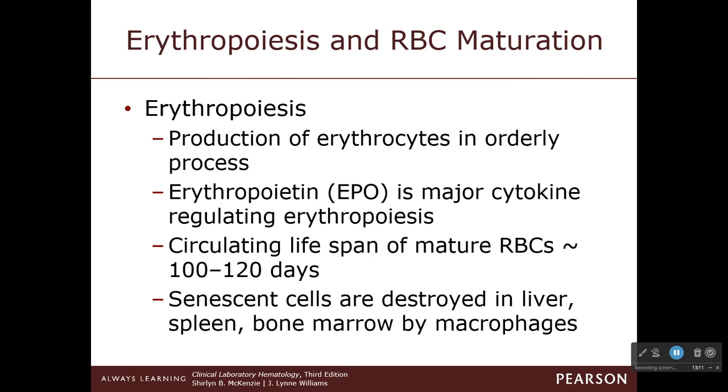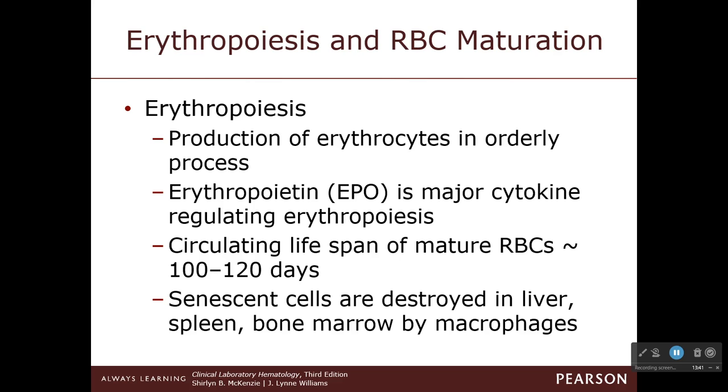Now, I kind of lied. Here you have the CMP, the common myeloid progenitor. But once this cell has been exposed to EPO and I think interleukin 3, and a couple of others, then it forms this erythroid commitment.